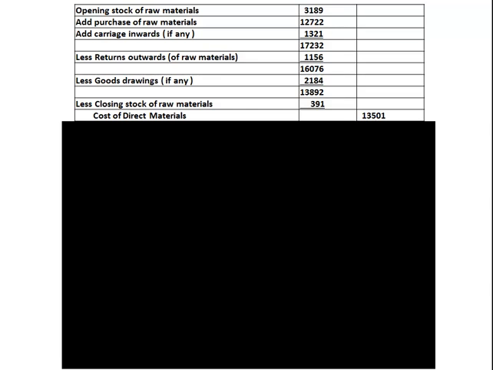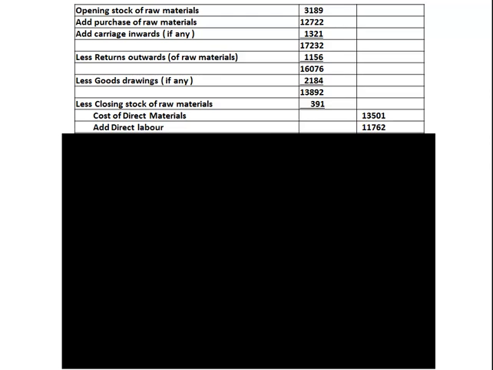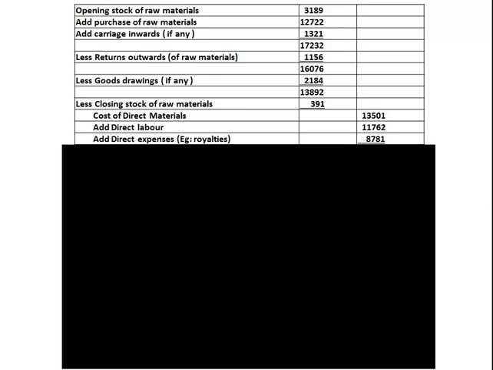So now we know what the direct raw materials cost. Add in the direct labor, if we can work that out: how many people were involved, what was the cost of the people who were working directly with the raw materials to make this particular product. Let's say it's 11,762. Add in direct expenses.